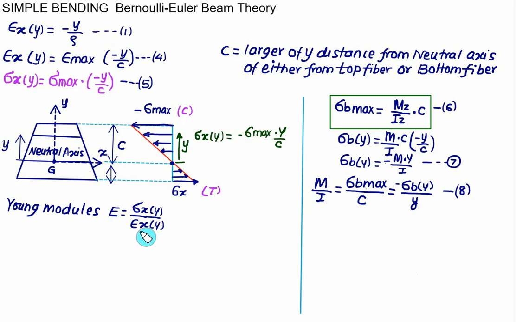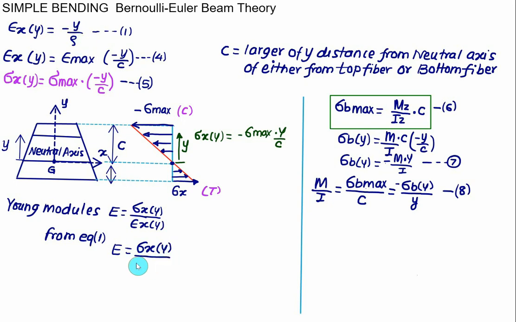Now here I will substitute for the strain along the x direction, which is a function of y, from equation 1, which is minus y by rho, where rho is the radius of curvature. So from equation 1, we get the Young's modulus equal to the stress along the x direction, which is the bending stress as a function of y, divided by minus y by rho.